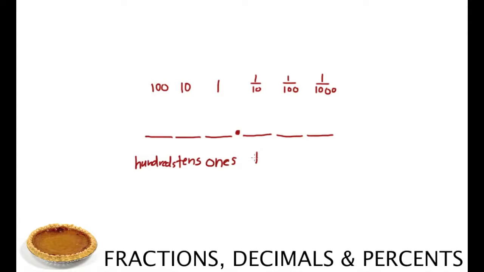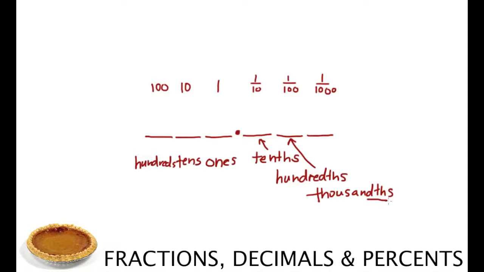I'm going to write these big because you won't be able to see them. Tenths. Then you have hundredths. And then you have thousandths. I do not know why they name these with such hard things to say, but that's what it is.